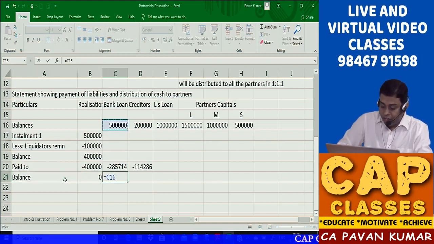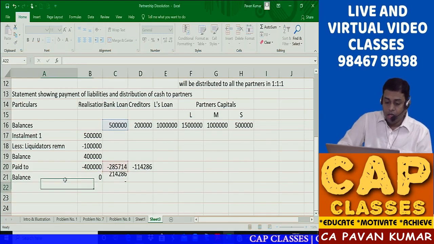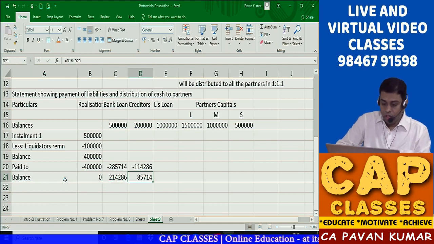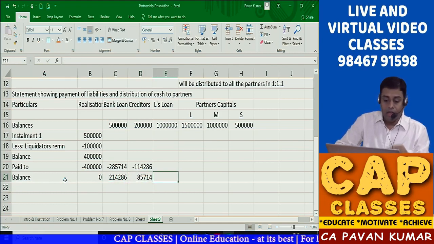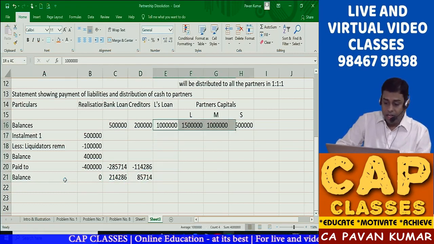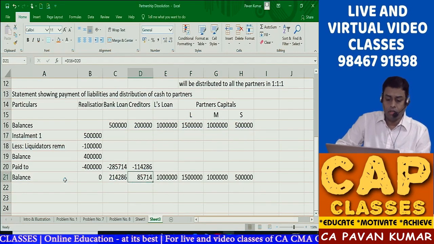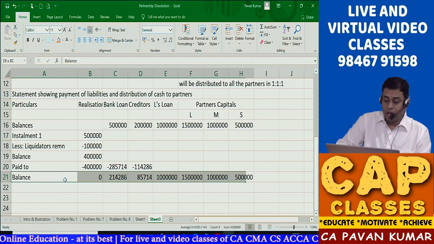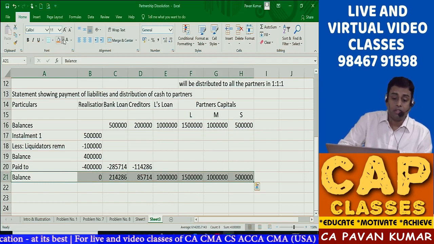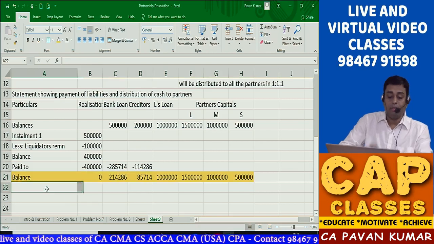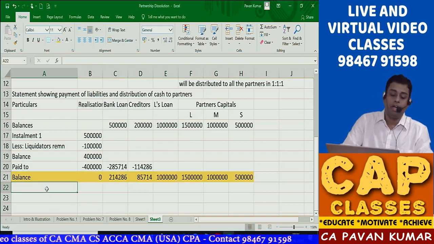Here out of 5 lakhs, my dear friend, you have paid 2,85,714. So 2,14,286 is still pending. Here 85,714 is still pending. Here same amounts will come. Either you can copy or you can leave also. So this is after round 1, I mean after installment 1. So installment 1 is done. These are the balances. Now you write installment 2.